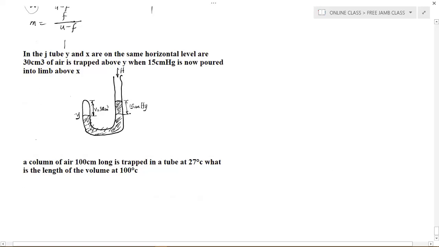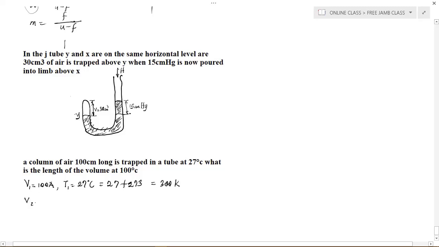So the first one, we have V1 equals 100A. You use A even though you are not given the cross-sectional area. Then we have T1 equals 27, you add it to 273, making 300 Kelvin.